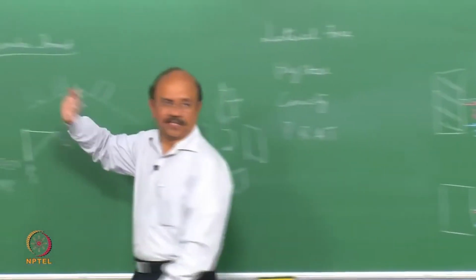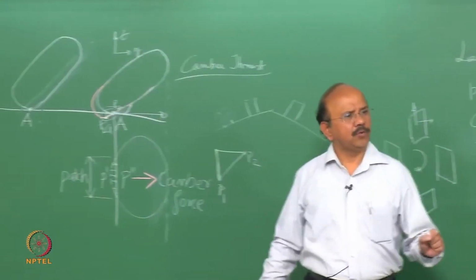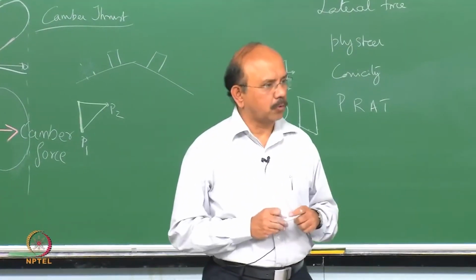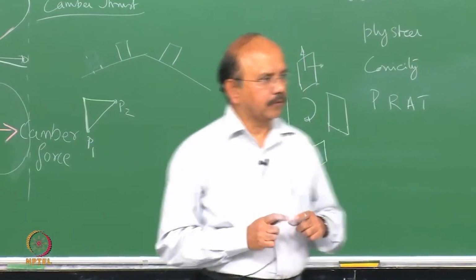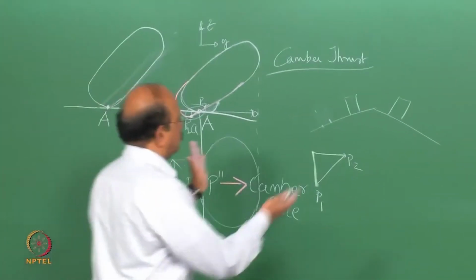So the thrust, of course, depends upon what camber you give. Also, please note that the camber is made quite complex because of the road. Let's say that I have a camber which is given like this.